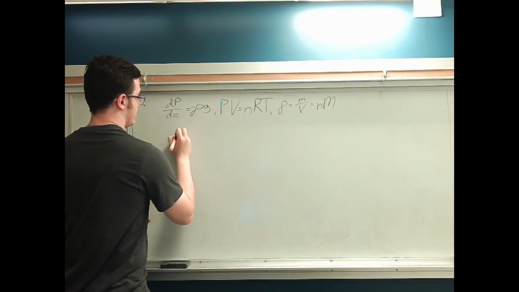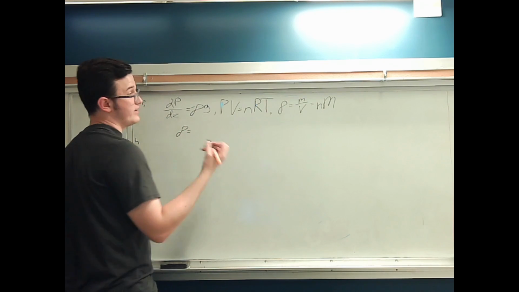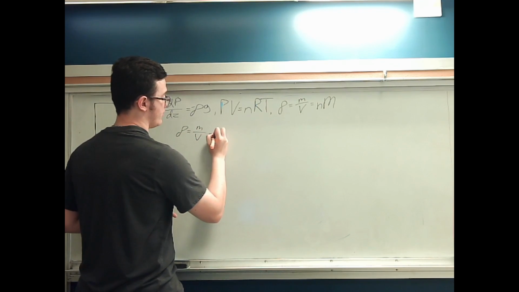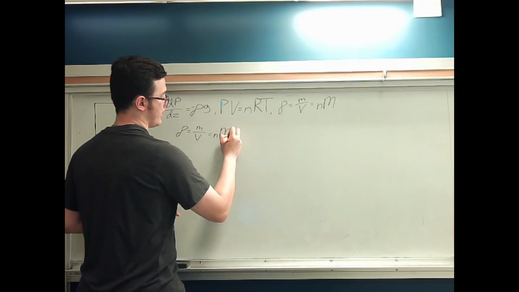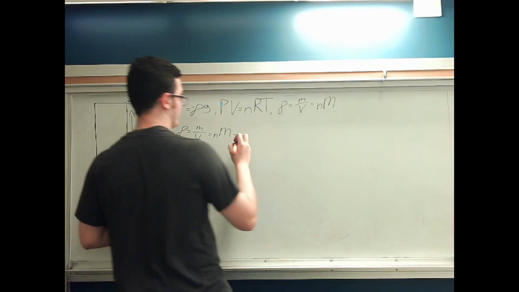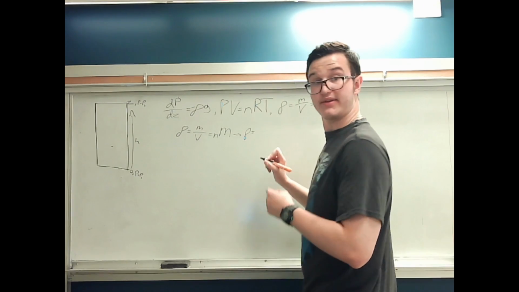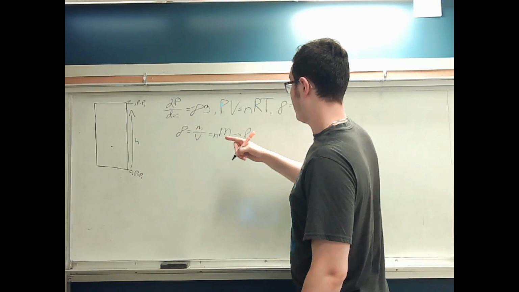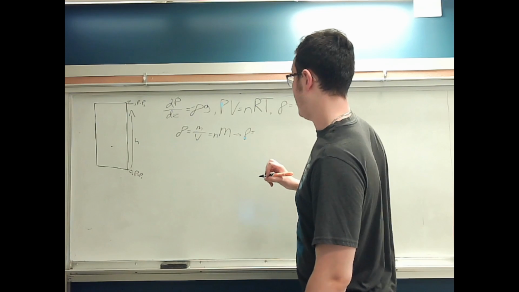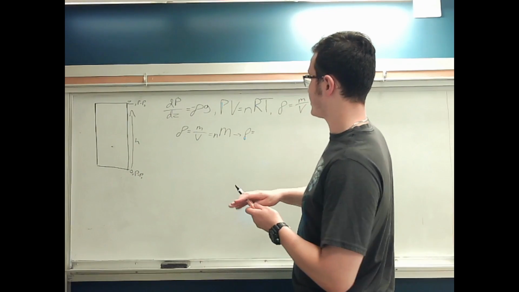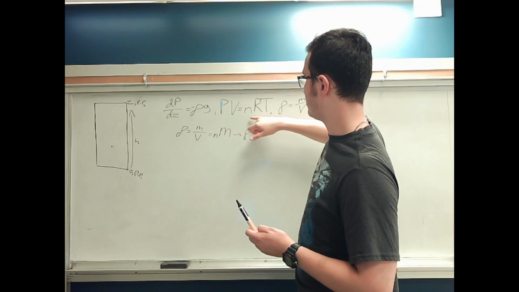So rho, or density, is equal to mass over volume, is equal to number of moles n times molecular weight over V. We're also going to use V over here.